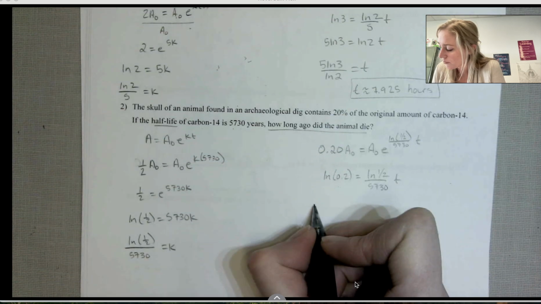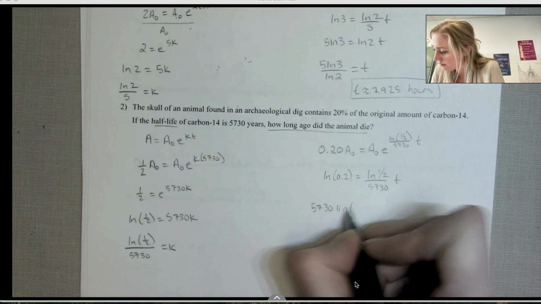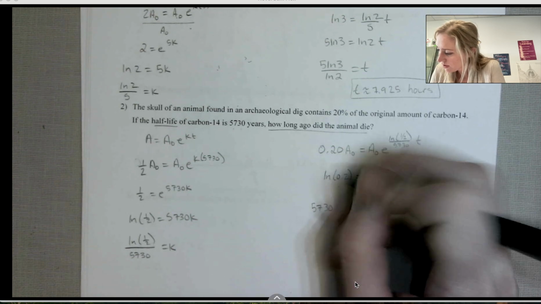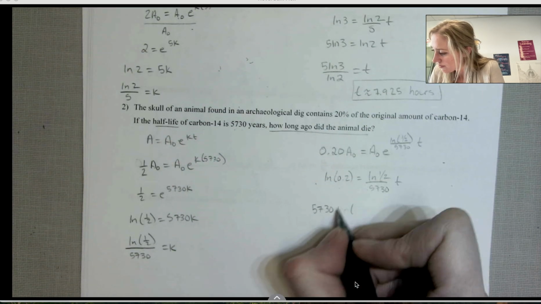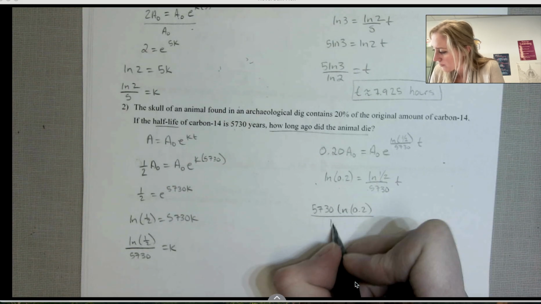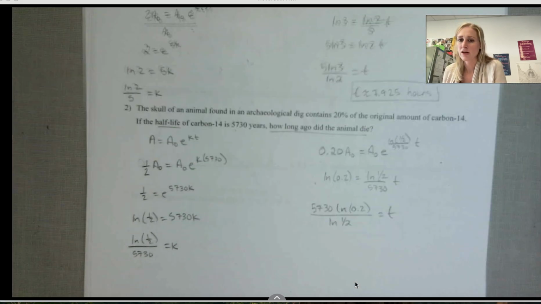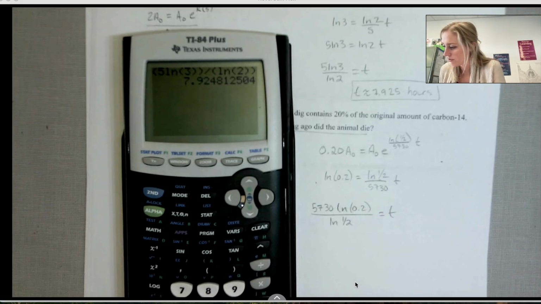Okay, so we're going to get 5,730 times natural log of 0.2 over natural log of 1/2 equals t. All right. Again, some calculator work.